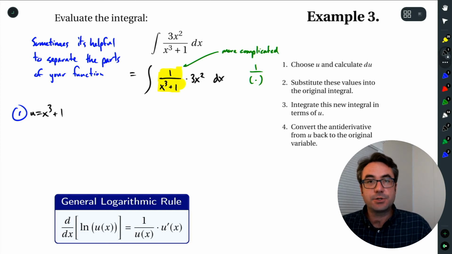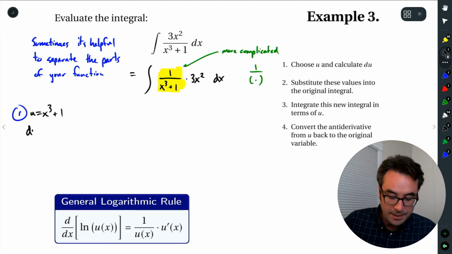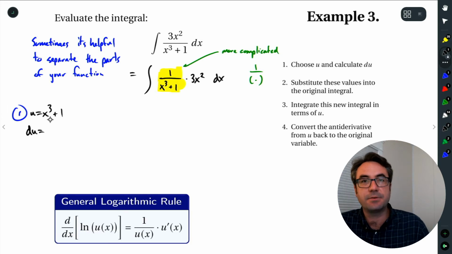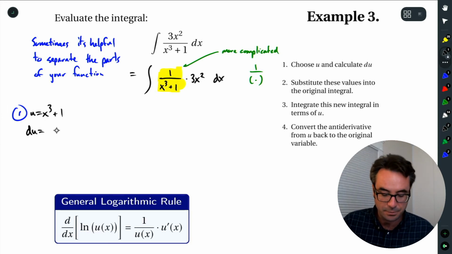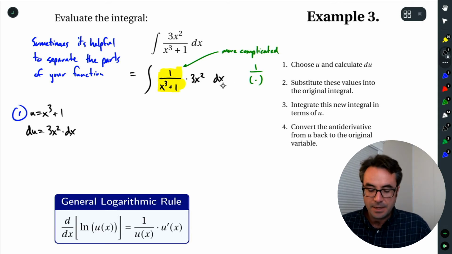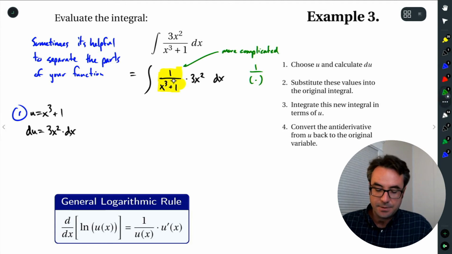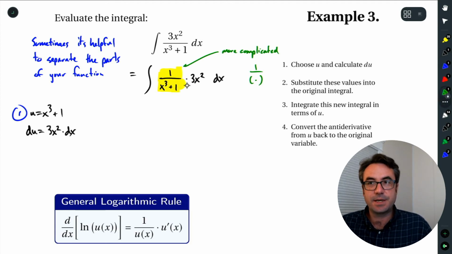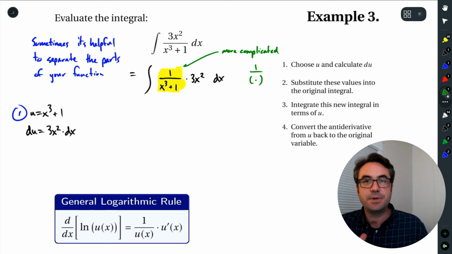Once you make a choice for u, then you calculate du, so your hand is kind of forced. The derivative of x cubed plus 1 is 3x squared, and then we multiply by dx. Now we want to take these ingredients and substitute them into our integral. This is also why breaking apart your function is helpful: when you start substituting, you might see where the pieces go.